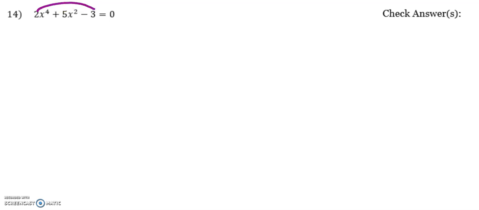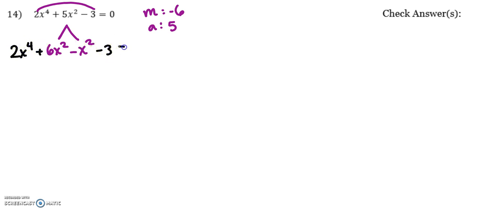So I'd be looking for things that multiply to -6 and add to +5. Well, that's going to be 6x squared minus x squared. And I still have this 2x to the 4th plus 6x squared, and there's -3. Now I can factor by grouping.